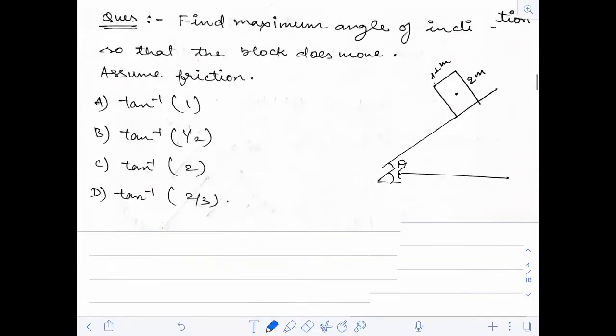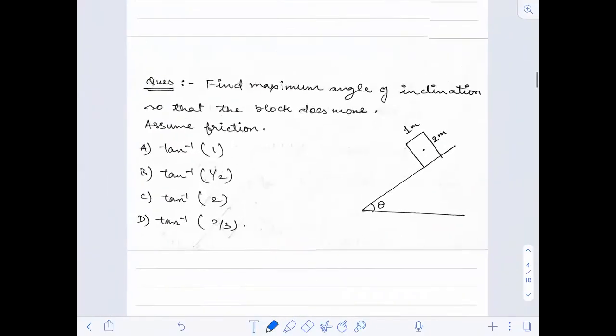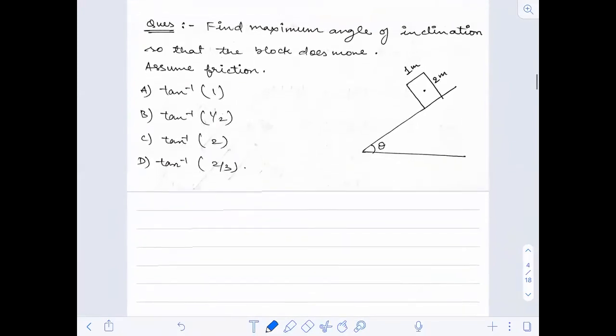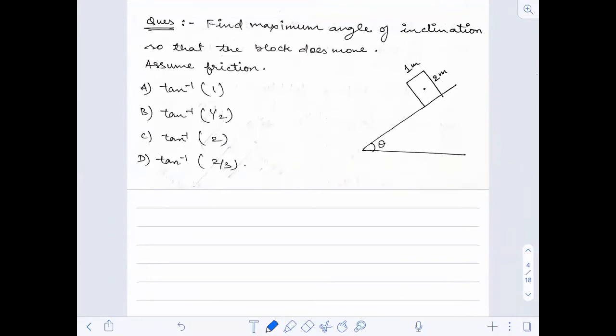Now just check how we have to solve this. See, this topic of toppling is not important for JEE Mains. Actually, it is a very important topic for Advanced.